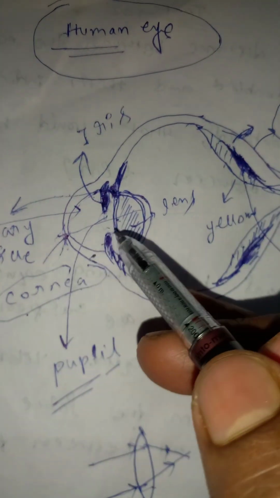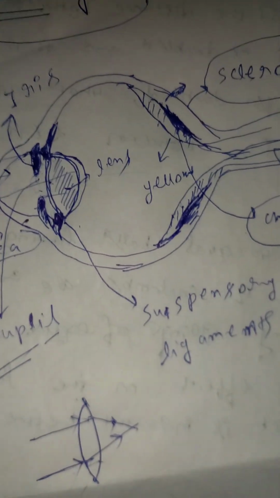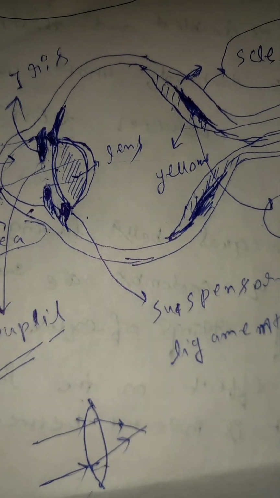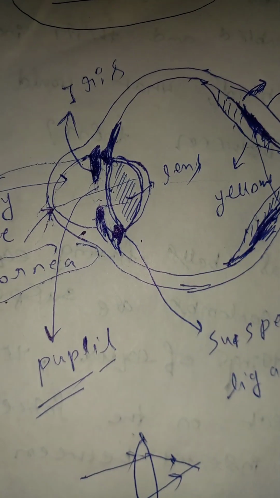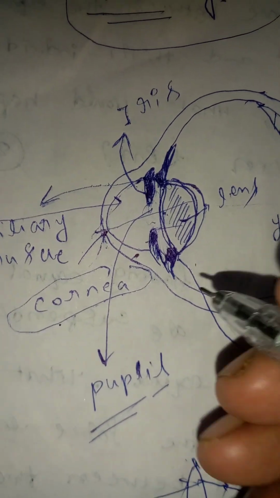Similarly, when light from outside passes through the lens, the eye lens acts as a converging lens. It's nothing but fibrous jelly-like material, and this lens is held by suspensory ligaments.